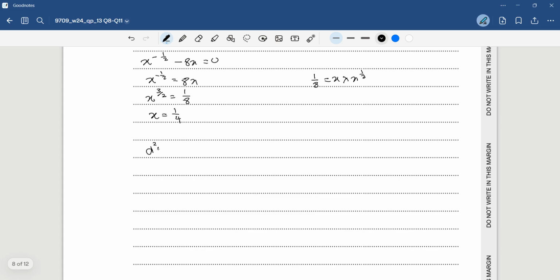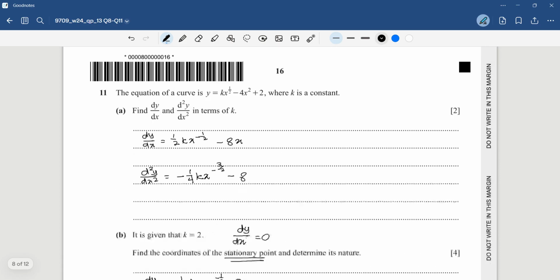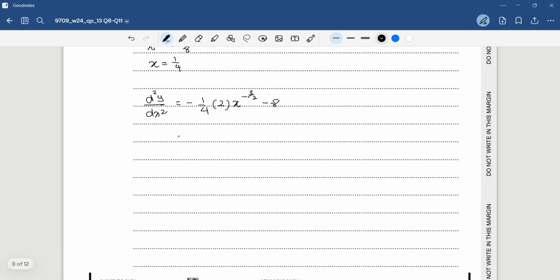Just now d square y over dx square is equal to negative 1 over 4 times k, my k is 2, x to the negative 3 over 2 minus 8. So it will be negative 1 over 2, x to the negative 3 over 2 minus 8. When x equal to 1 over 4, my d square y is equal to negative 10.